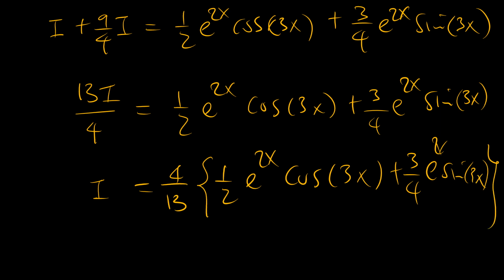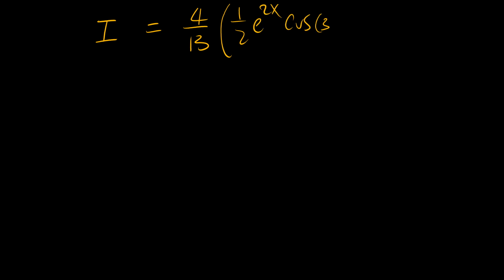Okay, so that's where we've gotten. So we've come to a point where we have I is equal to 4 over 13, in brackets, a half e to the 2x cosine 3x plus 3/4 e to the 2x sine 3x.